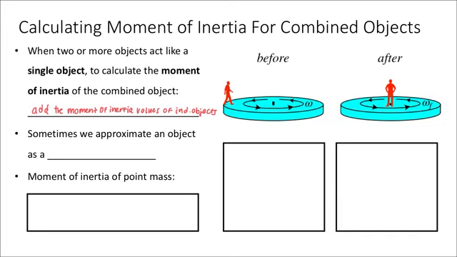Now, the person is relatively small in comparison to the merry-go-round, and so sometimes we're going to approximate things as what we're going to call a point mass. So in other words, a point mass is essentially thinking about the person as if they actually had no shape at all. The person is just a single point in space, which is essentially their center of mass.